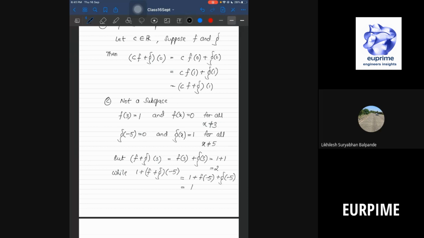This is equal to 1 plus 0 plus 0, that is 1. Since 1 is not equal to 2, f plus g does not satisfy the condition.